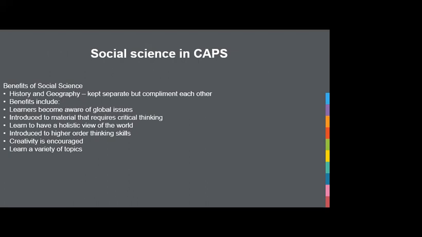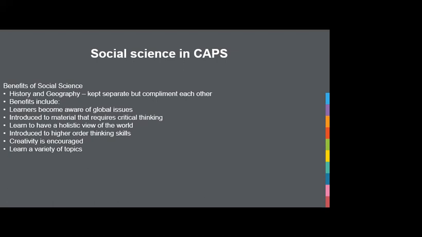So by learning social sciences according to this new curriculum, RNCS, learners were made aware of global issues. It introduced them to learning material that required critical thinking and to learn to have a holistic view of the world.